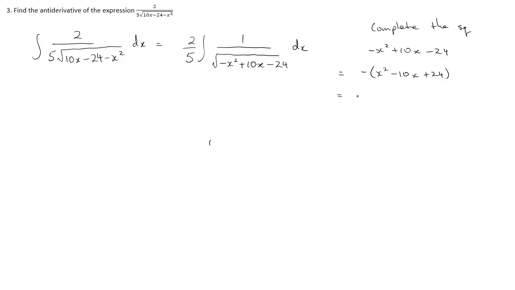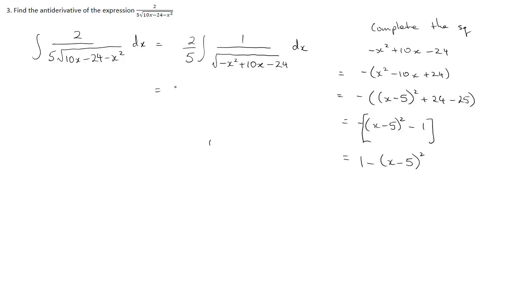And then I'm going to focus on actually completing the square. So we've got x minus 5 squared plus 24, take away 5 squared. So what I'm actually doing here is just working out, so minus 1 minus x minus 5 squared.